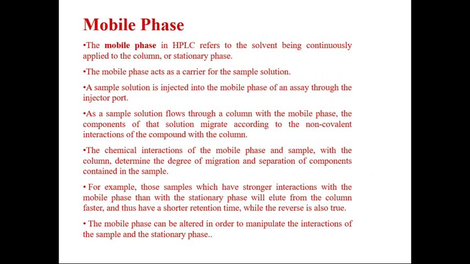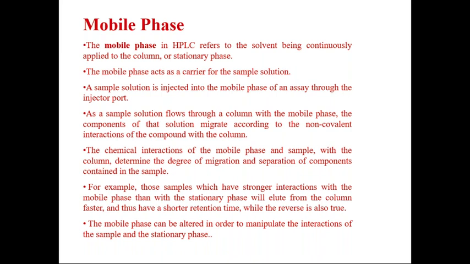Now coming to the mobile phase, we need to understand the properties of the mobile phase and how to choose the mobile phase for a separation. So here again, the mobile phase must not interact with the stationary phase. It must be inert to the stationary phase, and the analyte that you are going to separate must be soluble in the mobile phase.